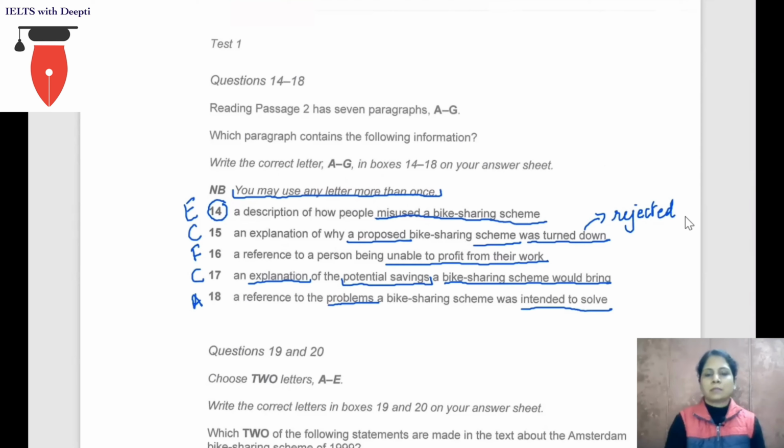So problems intended to solve, what problems were there? One was related to consumerism, the other was related to the environment. So these are the strategies in which we can paraphrase what is written in the text. And if we understand synonyms, we will be able to get to the correct answer.